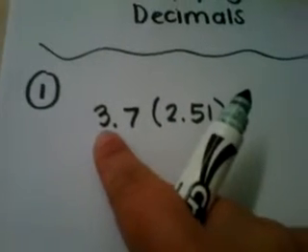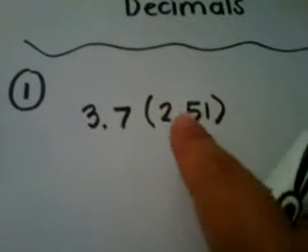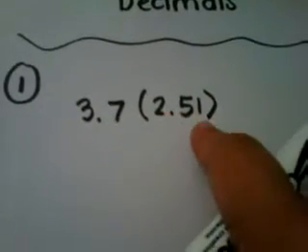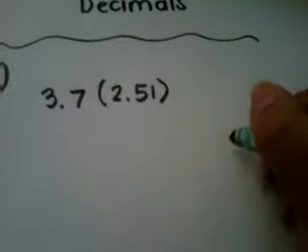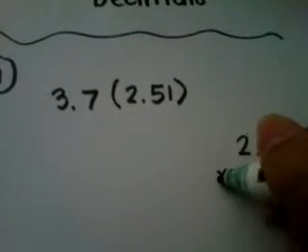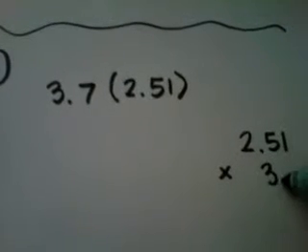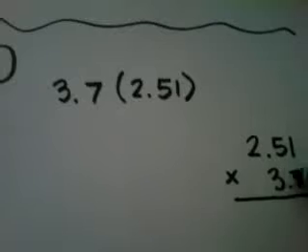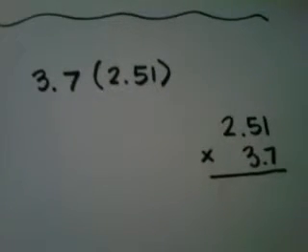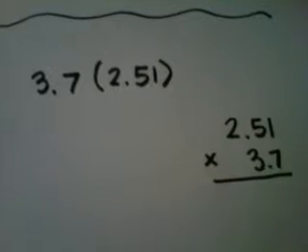My first factor only has 2 digits, but my second factor has 1, 2, 3. So I'm going to stack the second factor on top: 2 and 51/100 multiplied by 3 and 7/10. Again, my decimal does not need to be lined up because I am doing multiplication, not adding place values.